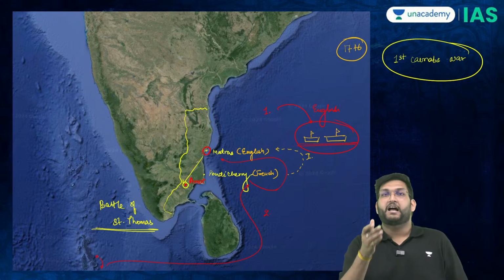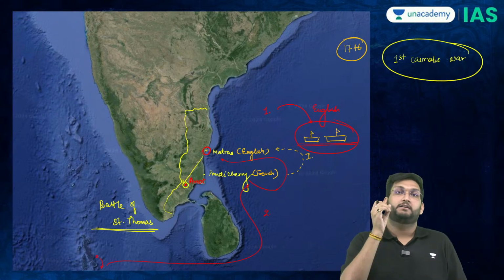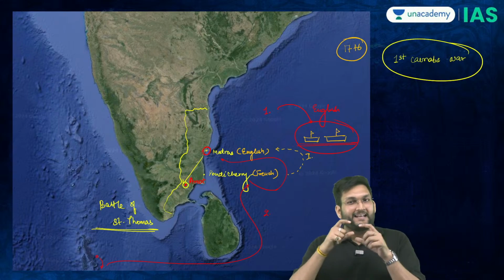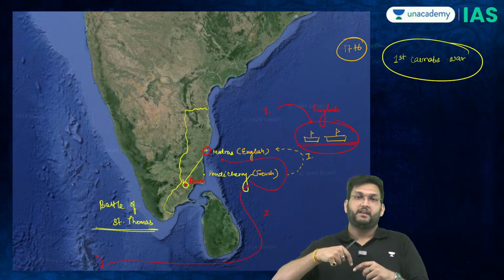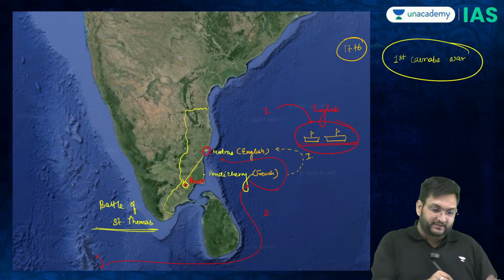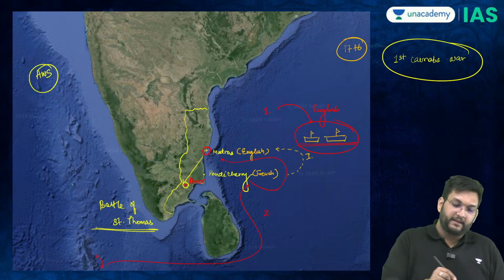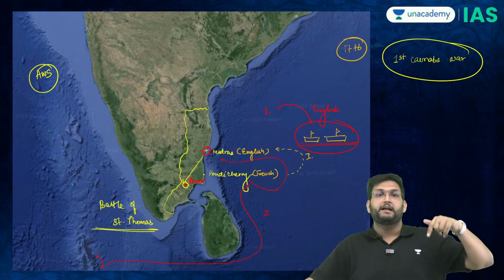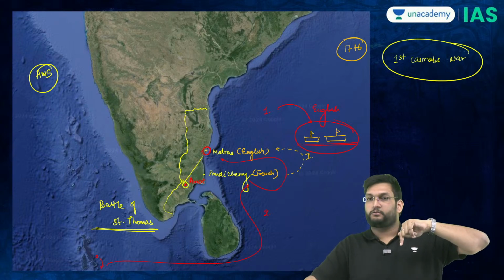But the question is, how will the English get back the Madras sector? And this is where there's a very interesting concept. In India, the French won. However, in the Austrian War of Succession, the French side is going to lose, meaning the Maria Theresa faction is going to win.